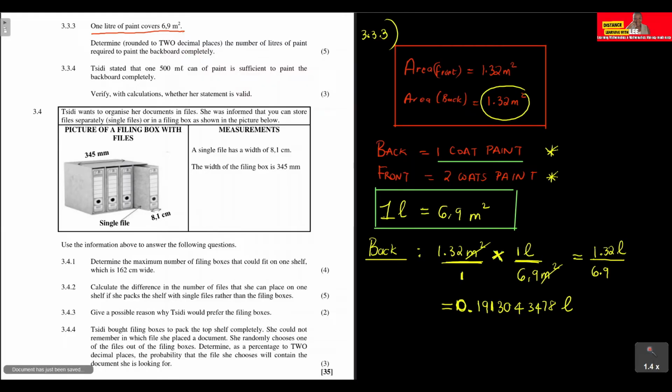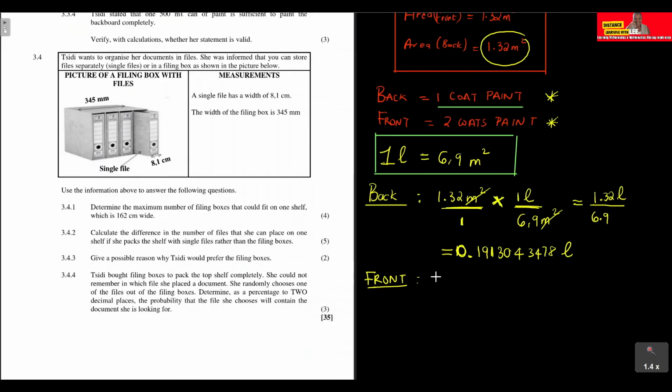Okay, and then we're not done. We still need to determine how many liters we will need to paint the front. Here, to paint the front, the area is still the same, 1.32 meters squared, multiplied by what you want.